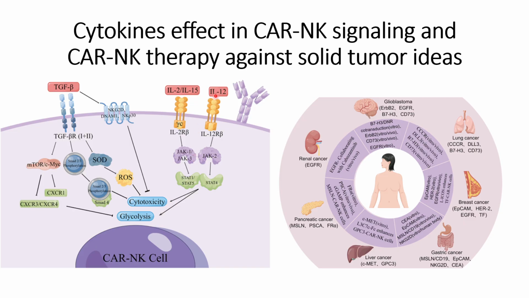Similar things happen when interleukin 12 interacts with the interleukin 12 receptor beta. It will lead to the upregulation of JAK2 signaling pathways that will cause the upregulation of STAT4, and that will also help in increased cytotoxicity and glycosylases.